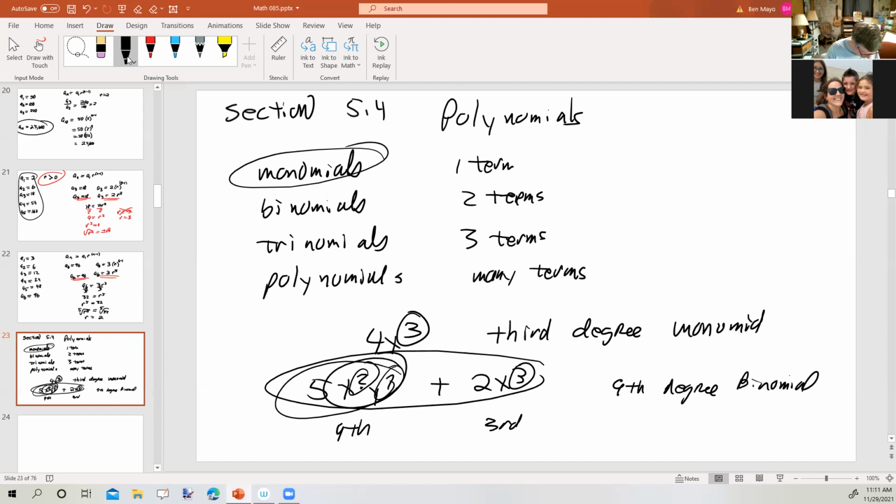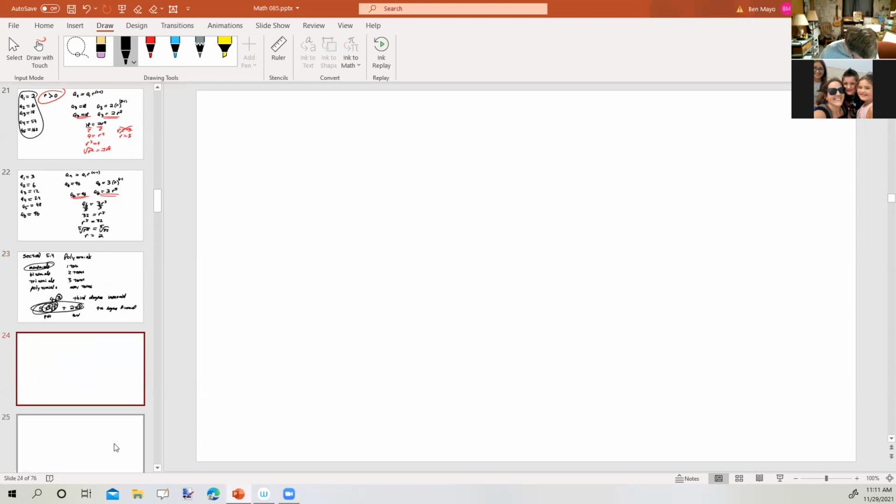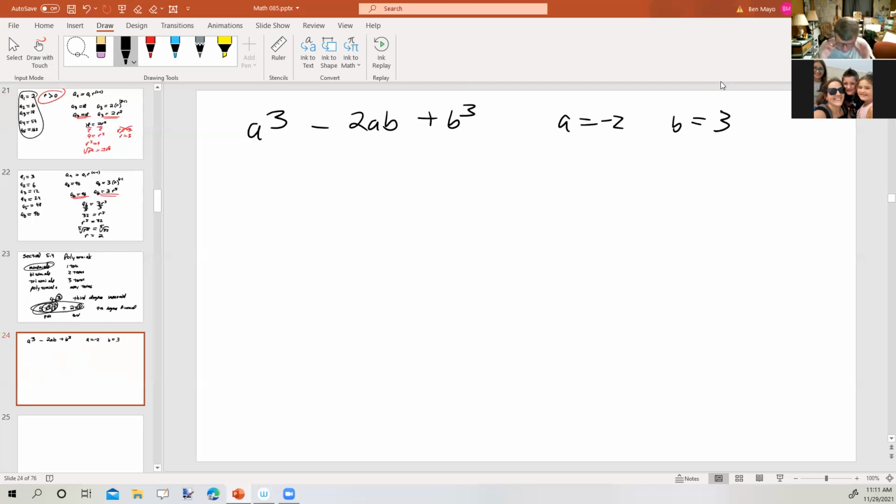Okay, let's see here. We had evaluate expressions. Let's say we've got something like this. A cubed minus 2ab plus b cubed, and a is -2 and b is 3. So to evaluate the expression, we substitute the numbers in the place of the variables. So we get -2 the quantity cubed minus 2 times negative 2 times 3 plus 3 cubed.